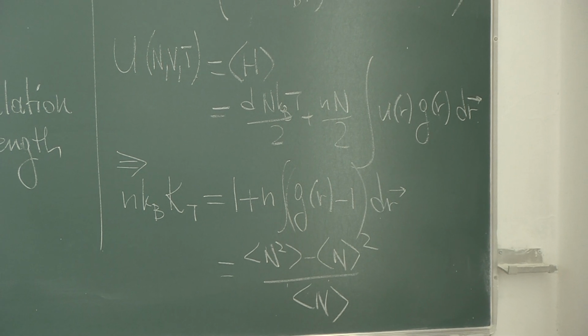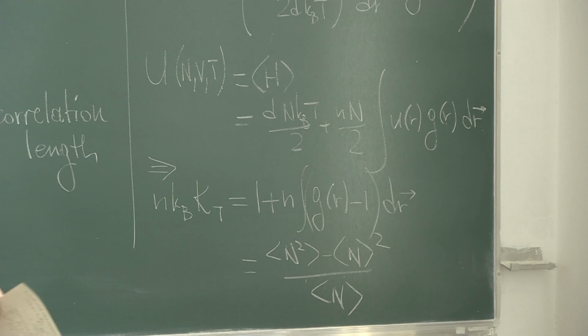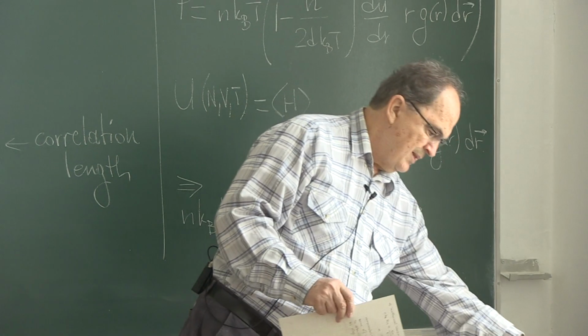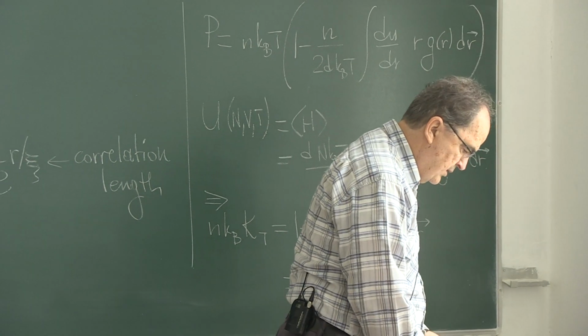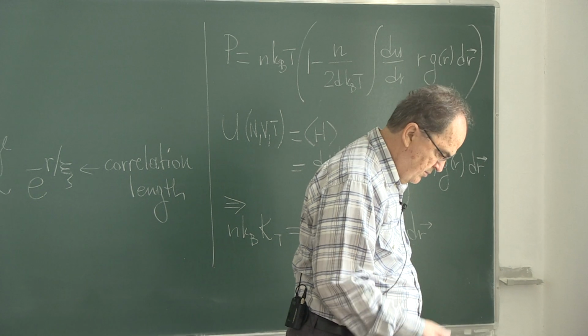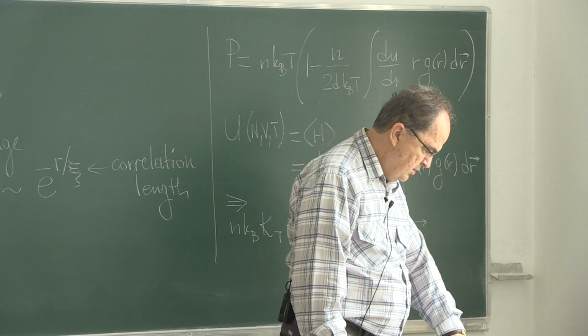So, as you can see, you can get the thermodynamics from G of R and the interaction energy, the potential energy of interaction, U of R.